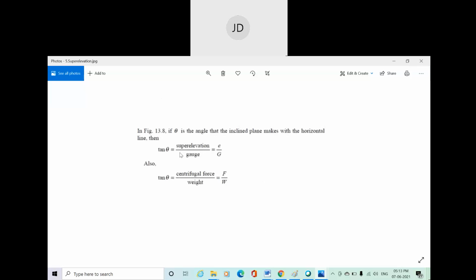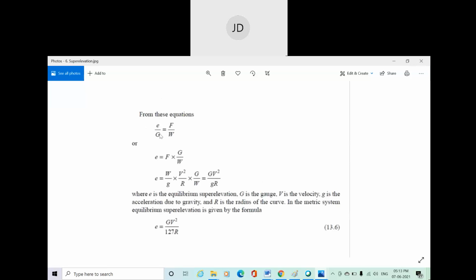So we can equate these two values, that is E by G equal to F by W. From this we can write E, E means your super elevation, equal to F multiplied by capital G by W. Now what is F here? F is your centrifugal force.